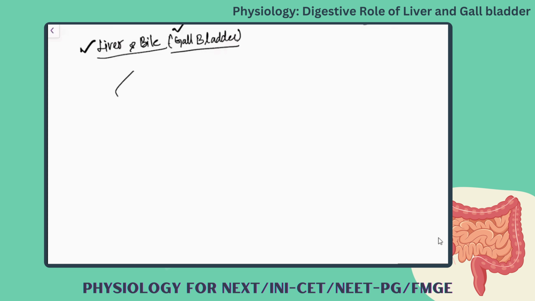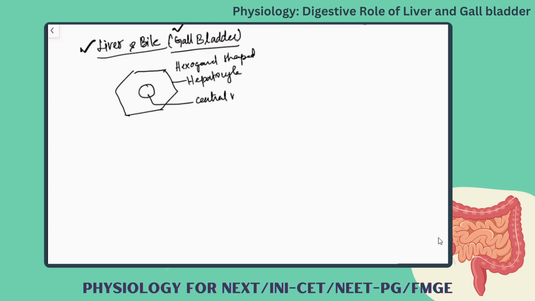If you talk about the single cell of the liver, it is called a hepatocyte, a hexagonal shaped structure. The central part, we call the central vein. In all the corners, you have a triad.